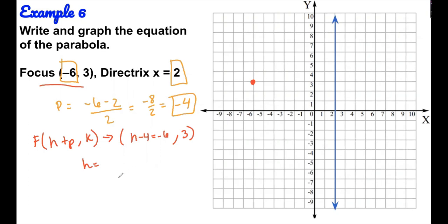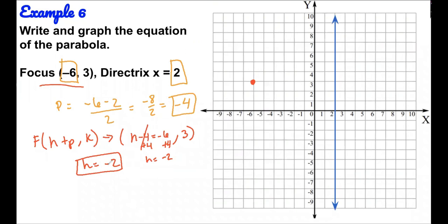Darren says -2. Agree, disagree? That is correct. So h equals -2 in this case. One-step equation, add 4 on both sides. H then equals -2.